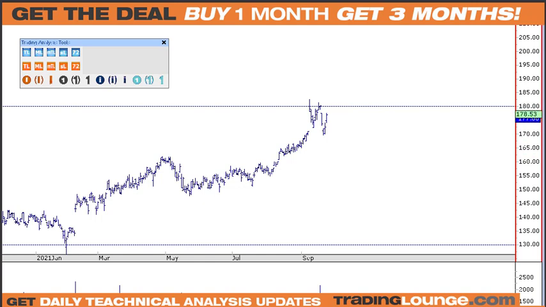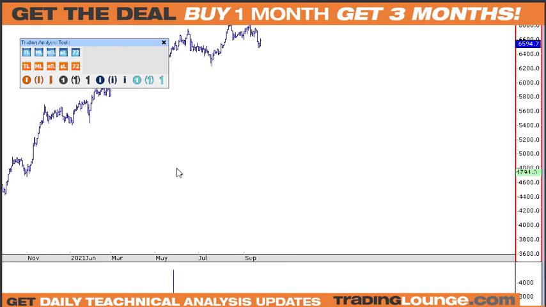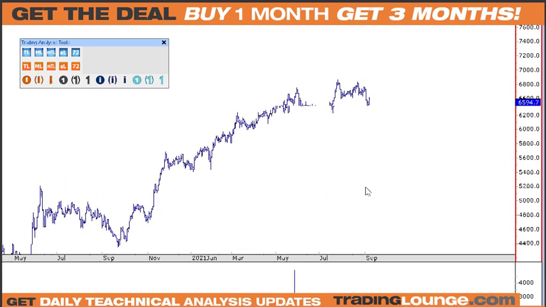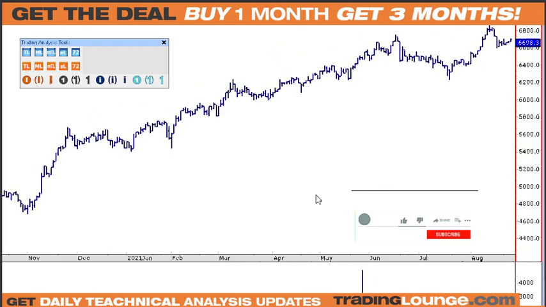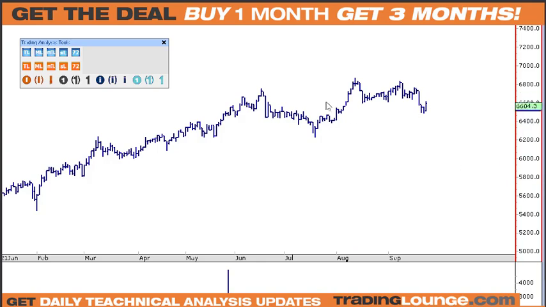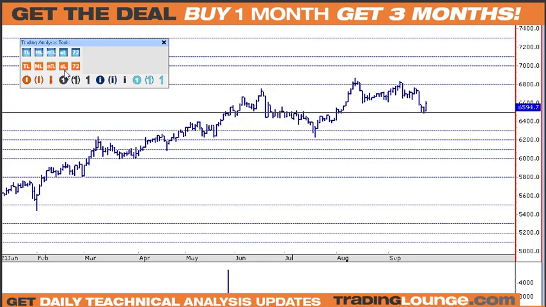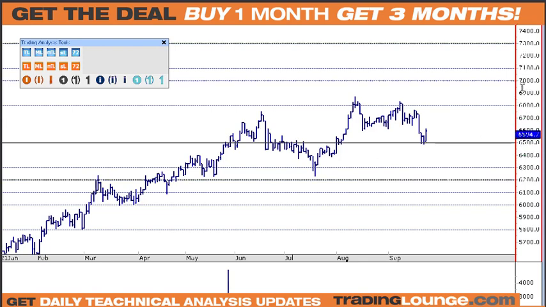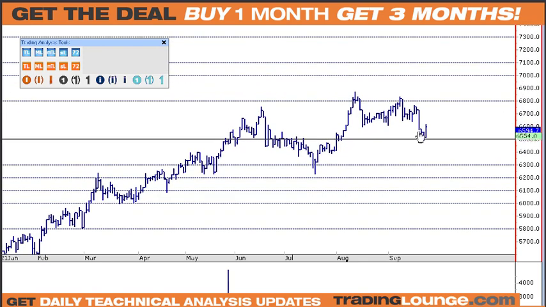I'll just have a look at the XFJ, the finance sector. This is also at a medium level here, so that medium level there, 65, you know. I mean, this moved down.